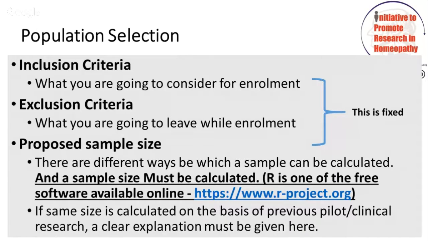There is one website, r-project.org, the website of the statistical software R, where you can download the free software, which is a sample size calculator, and you can do a number of things in that. And if the sample size is calculated on the basis of a previous pilot or clinical research, you must give a clear explanation why it is there.